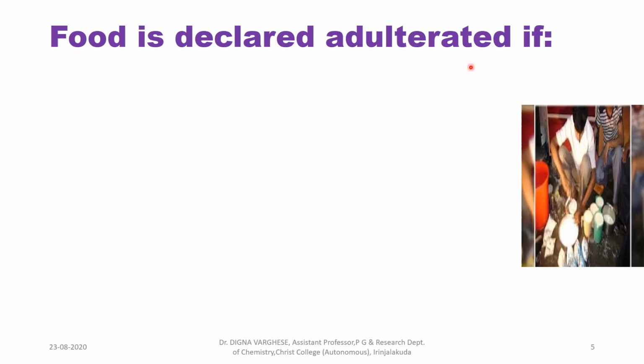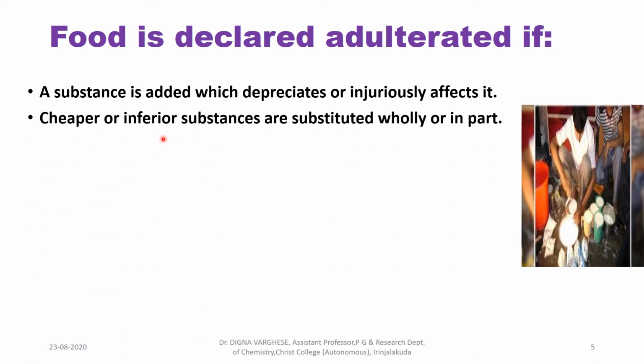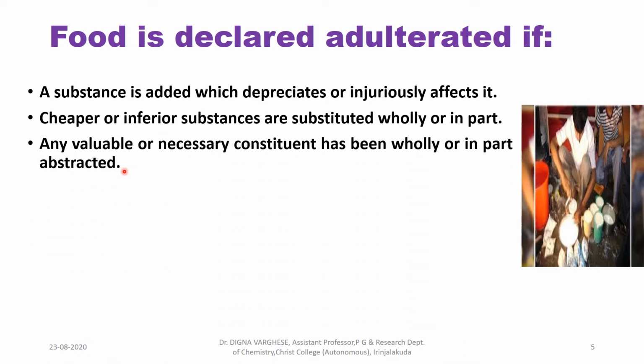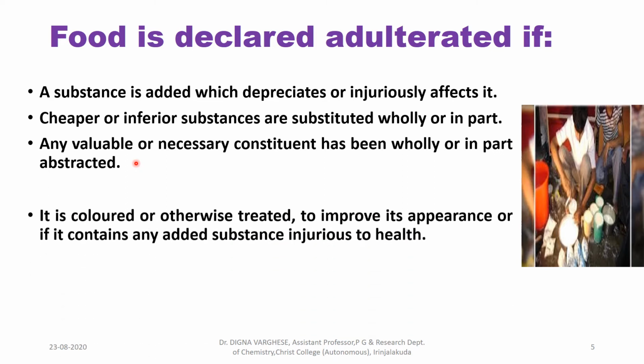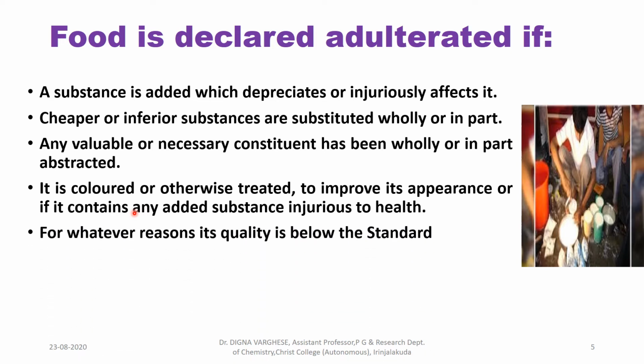Food is declared adulterated if a substance is added which depreciates or injuriously affects it; if cheaper or inferior substances are substituted wholly or in part; if any valuable or necessary constituent has been wholly or in part abstracted; if it is colored or otherwise treated to improve its appearance, or if it contains any added substance injurious to health; or if, for whatever reasons, its quality is below the standard.